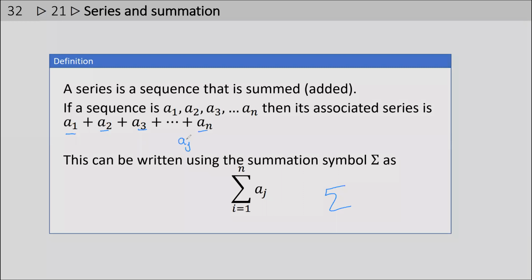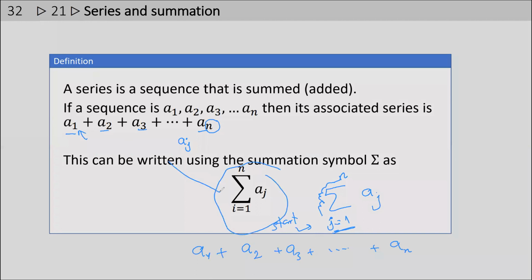I will generalize as A subscript J, where J, the starting boundary, starts with 1 until it reaches N. Every time you substitute J, with J is 1 you get A1 plus, increasing it 1 by 1 until you reach N. So the second value is A2, the third value is A3, until it reaches subscript N. This form is exactly equivalent to adding all the elements of the sequence.